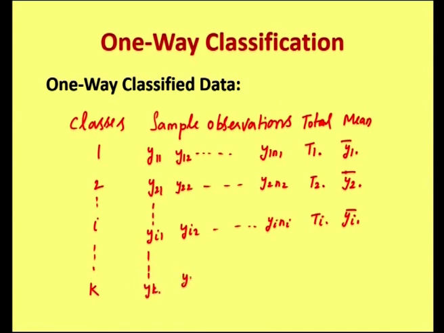yk1, yk2 and so on up to yknk, and for the kth class the total is tk dot and the mean is denoted by yk dot bar. The objective of one-way classification is to examine if there is significant difference between the class means in view of the inherent variability within the separate classes.